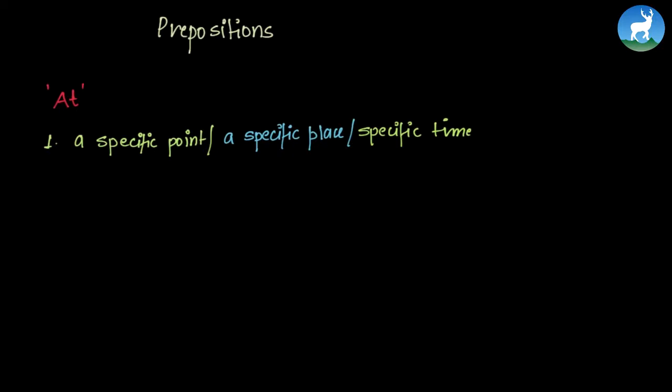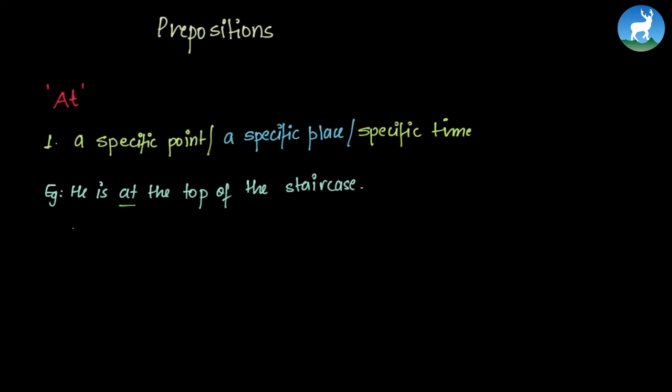At is used while talking about a specific point, a specific place, or a specific time. For a specific point, we can say, he is at the top of the staircase.